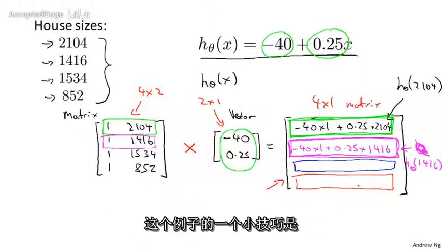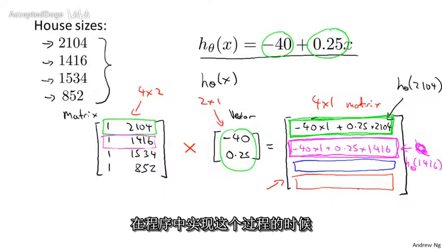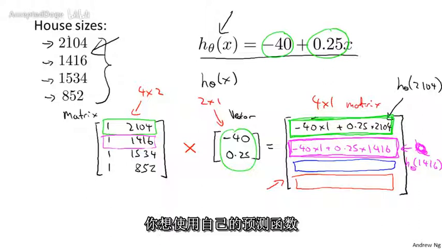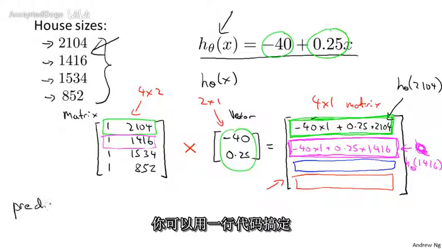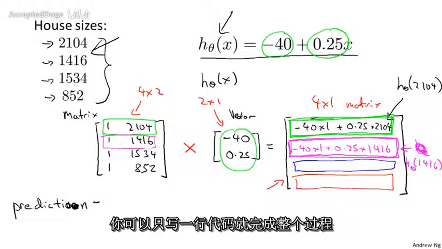And the neat thing about this is that when you're actually implementing this in software, so when you have 4 houses and when you want to use your hypothesis to predict the price y of all of these 4 houses, what this means is that you can write this in one line of code. When we talk about Octave and programming languages later, you can actually write this in one line of code.